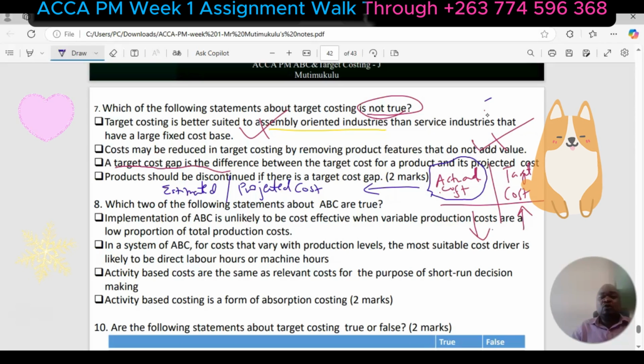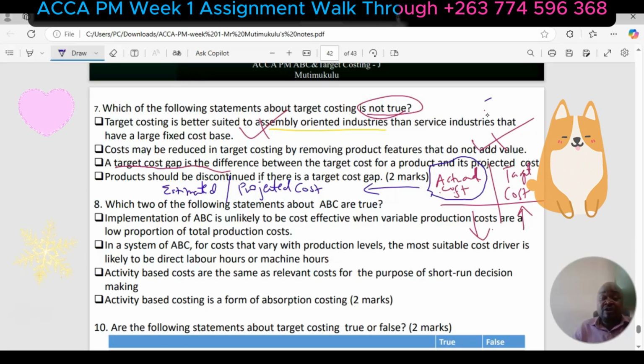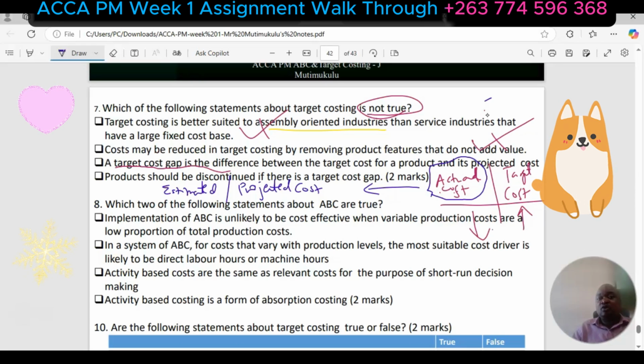Those guys design a car and so forth, and then they send the specification, the items that could be required in the manufacture of an engine. So the buying team can come up with possible estimates on the cost of those items. All right. So the total of those items is what is called estimated cost or the projected cost.